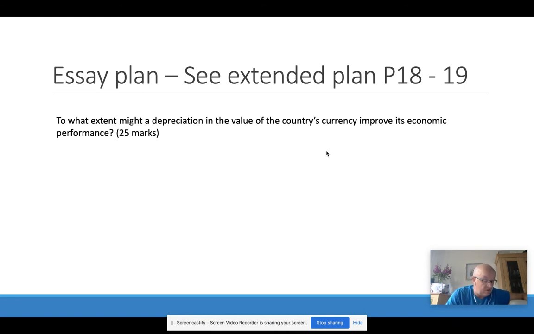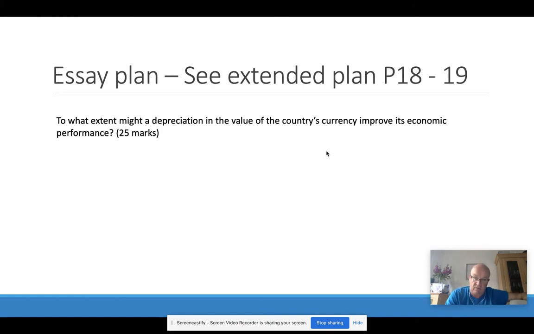If we're talking about the level of demand from export markets, if we change the value of our currency, that's only going to benefit us if there isn't a massive recession in some of our export markets, for instance. So thinking about the other things that might be at play. So this policy might seem a good idea.